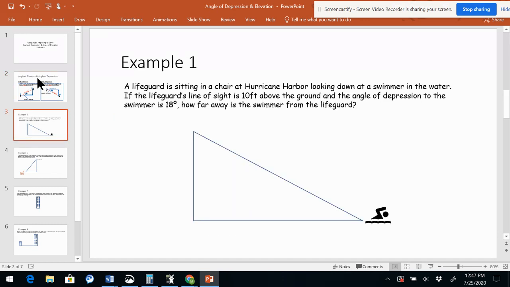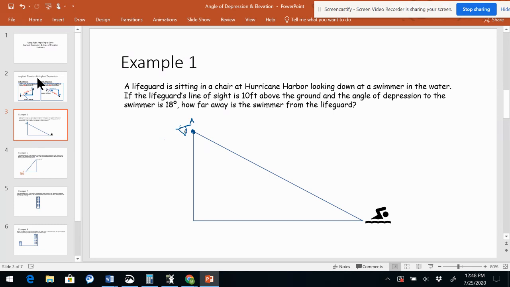Let's use this and what we know of trig to solve some problems. We're always going to want to make a drawing when we start these problems to identify our right triangle and also what we're looking for. So we have the following example. A lifeguard is sitting in a chair at Hurricane Harbor looking down at a swimmer in the water. We'll put our lifeguard up here, point A, looking down at a swimmer in the water.